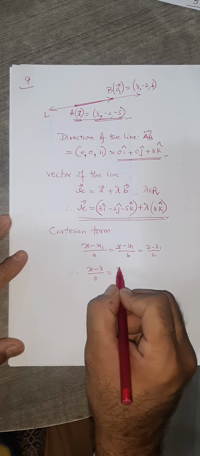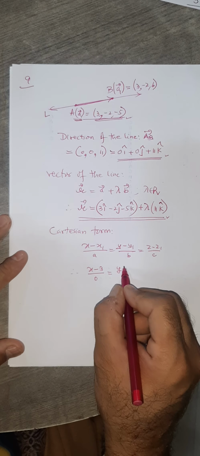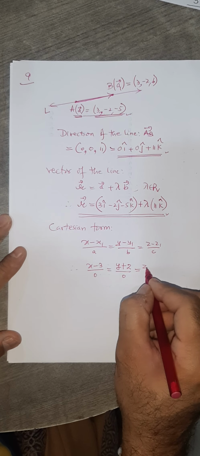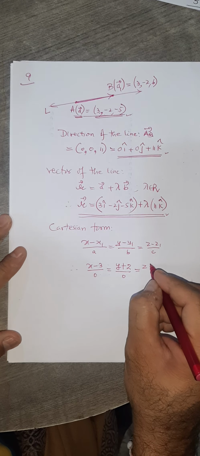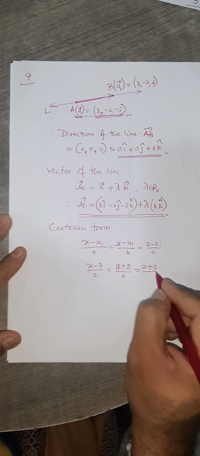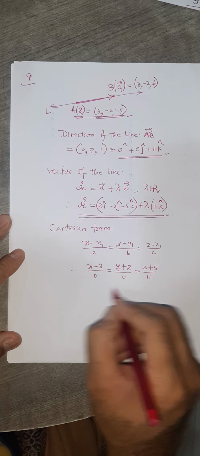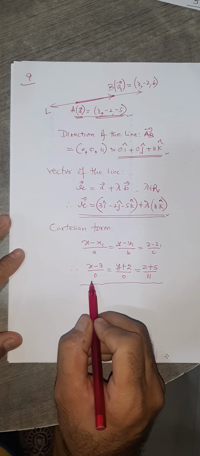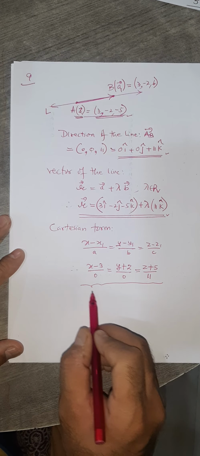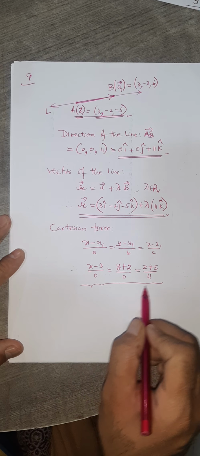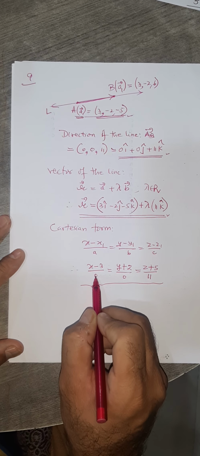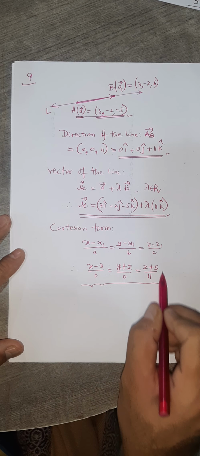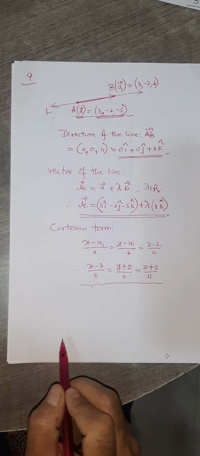This is a standard way of writing. y minus y1, that's minus 2, so it becomes plus 2, upon 0, the second component. z minus z1, what's z1? That's plus 5, upon c. What is c here? c is 11. This is a Cartesian form, right? Here normally we never write upon 0 in the number system, but in vectors, especially in the Cartesian form of the line, when you have upon 0, that means this represents the direction component of the given line. So this is a standard way of expressing the line in the Cartesian form, remember.